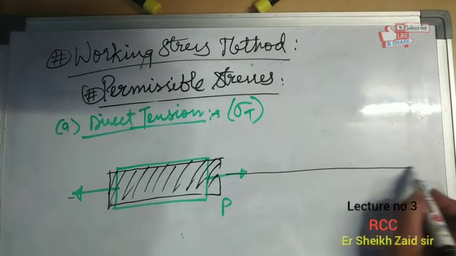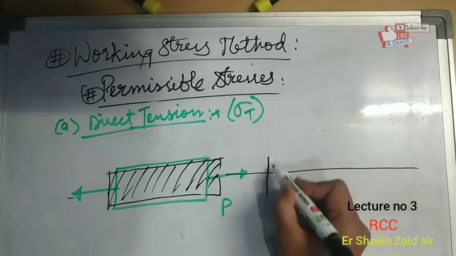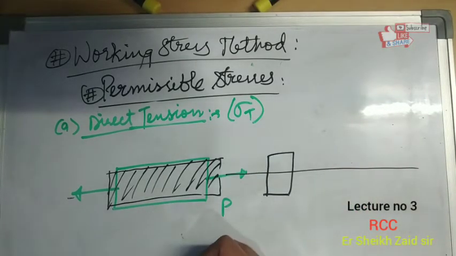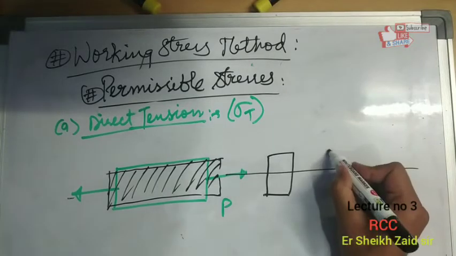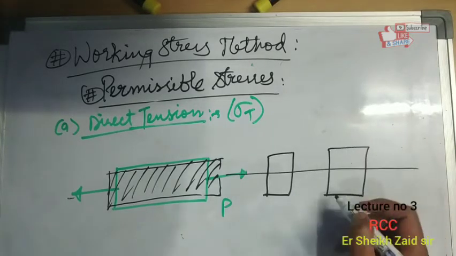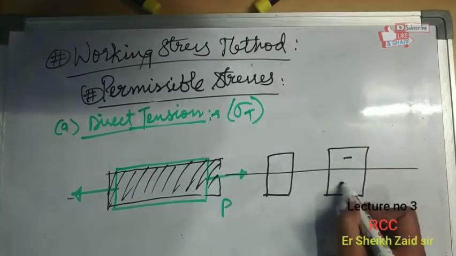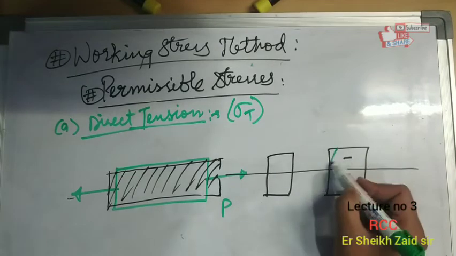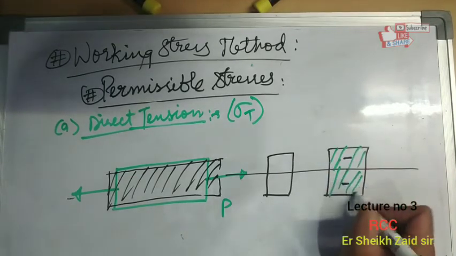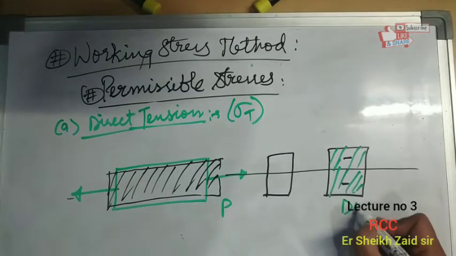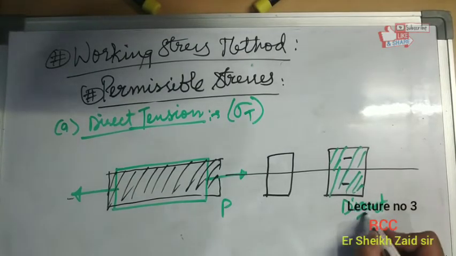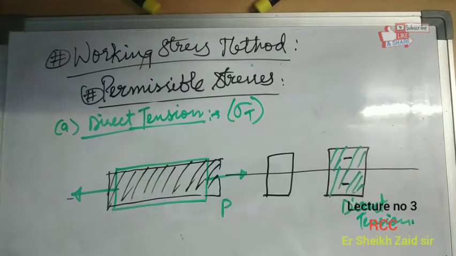This is the cross section and this will be its stress diagram. I have denoted it with negative. So this was all about direct tension.